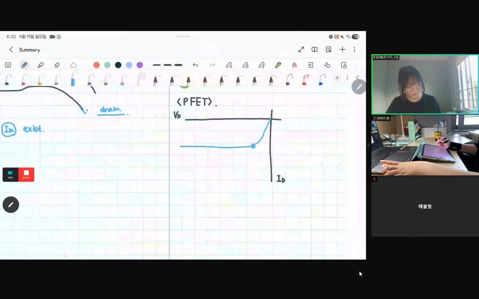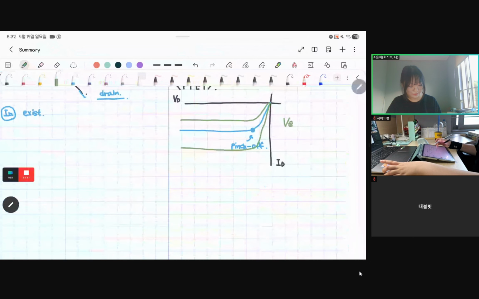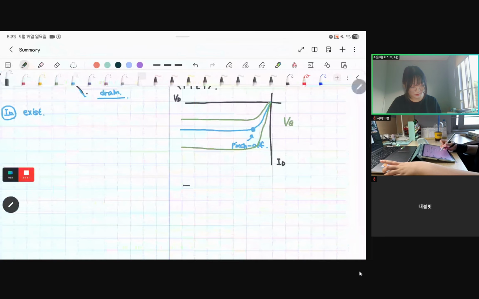This part is pinch-off, and we can draw it like this or this, depending on the gate bias. And by this, we can draw the ID-VG characteristic in saturation like this.